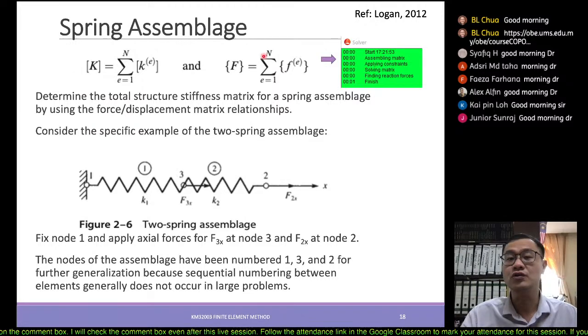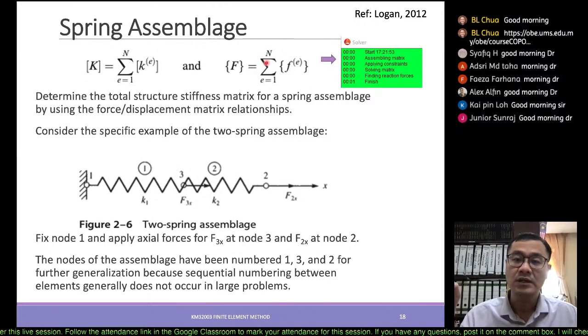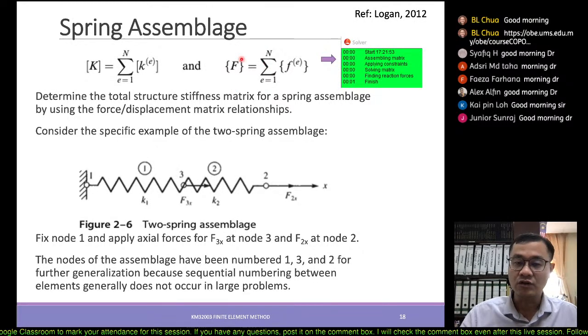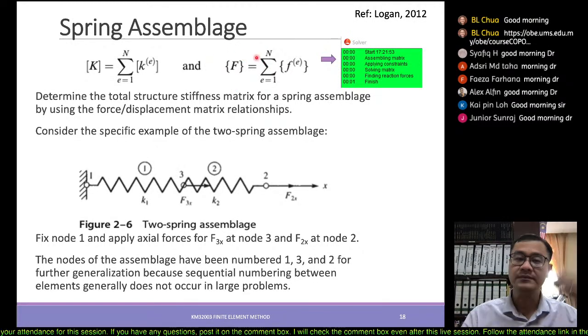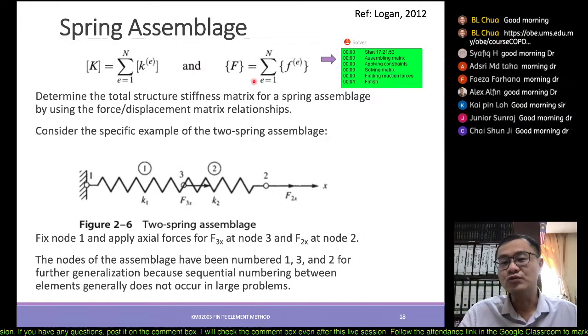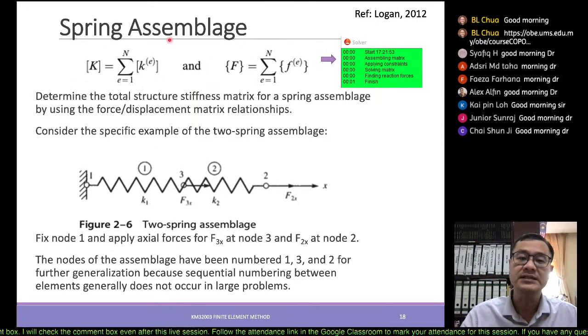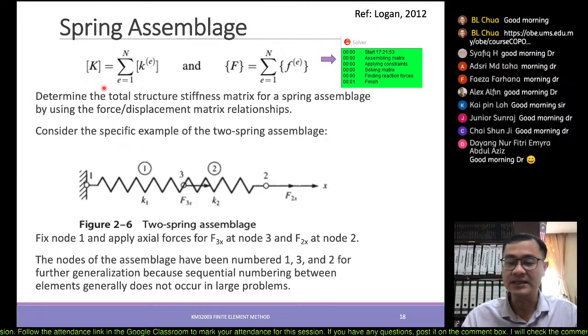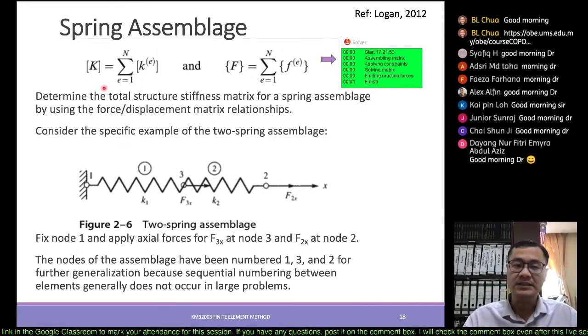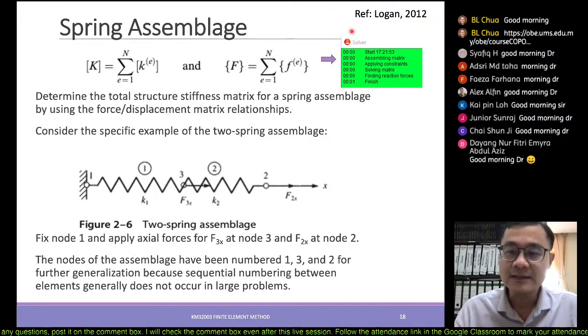Also, the forces acting on every element or node are given by this, so we can do a summation of it. So how can we actually assemble the stiffness matrices into a single one? This is our intention today. All these steps again we will follow based on the textbook written by Professor Logan.